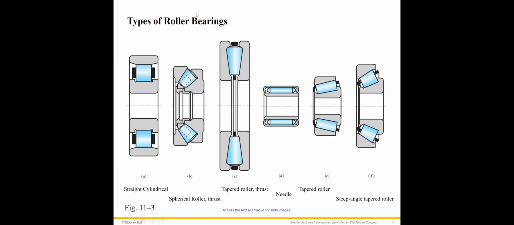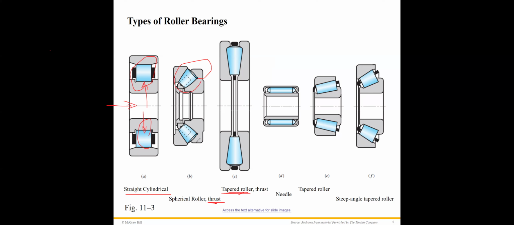So this shows the roller bearing. It's basically divided into the cylindrical and the thrust or taper roller bearing. The cylindrical roller bearing can be subjected to the radial force only, and cannot be subjected to axial loading.